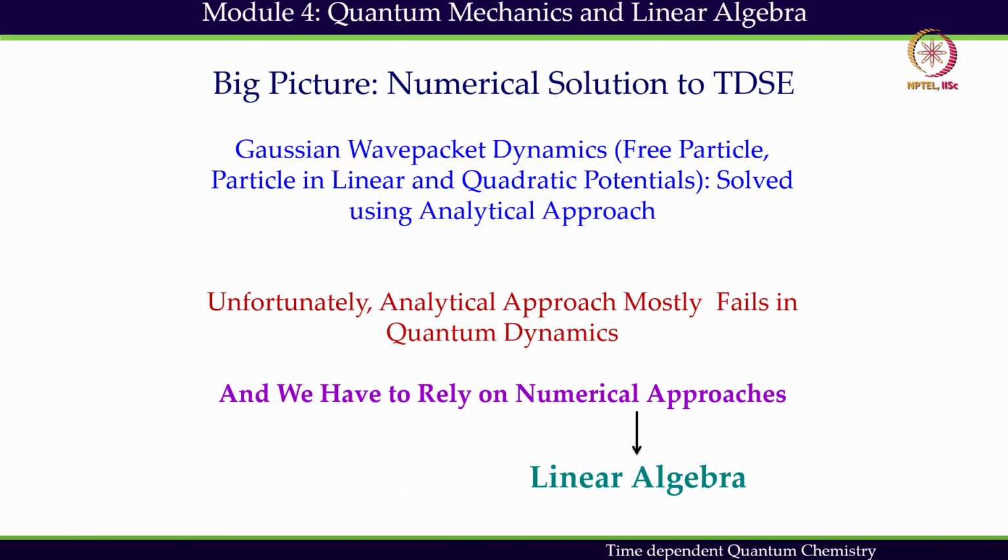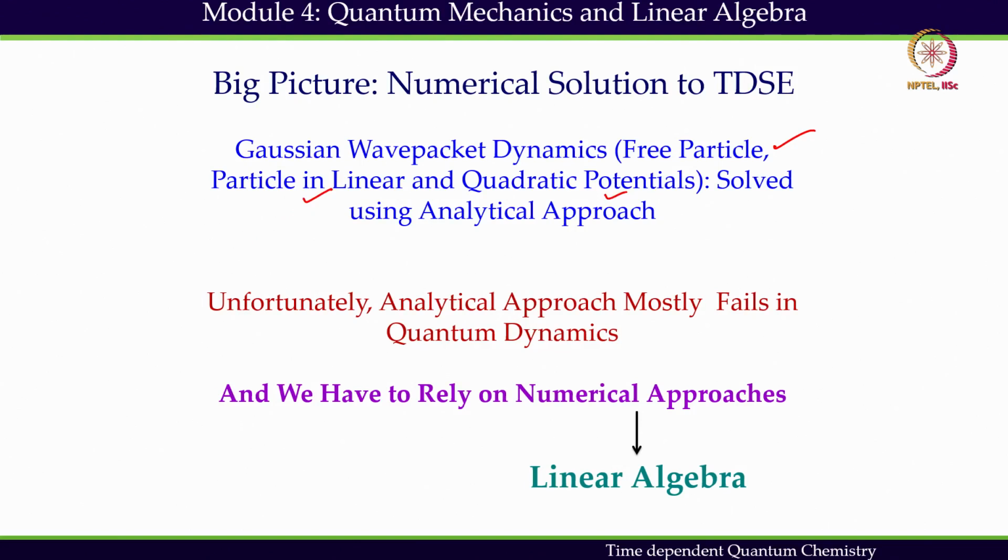In the previous module, where we discussed wave packet dynamics, we analytically solved the dynamics of a free particle, and in the tutorial we will see that the Gaussian wave packet dynamics can also be solved with linear and quadratic potential as well.